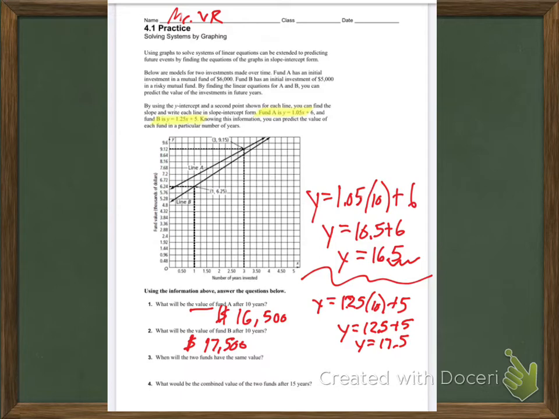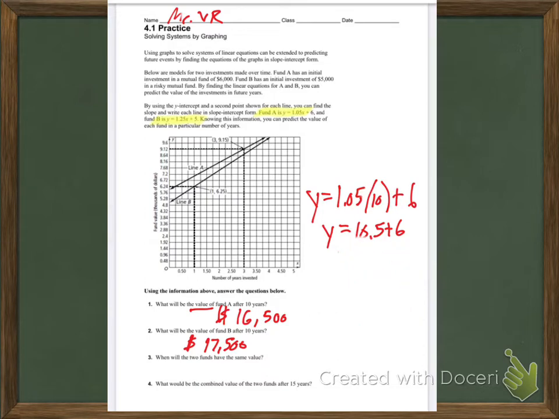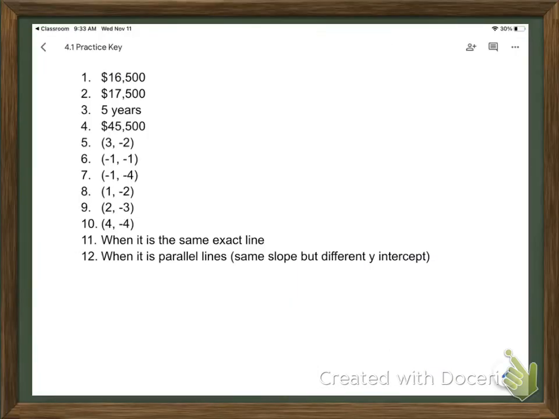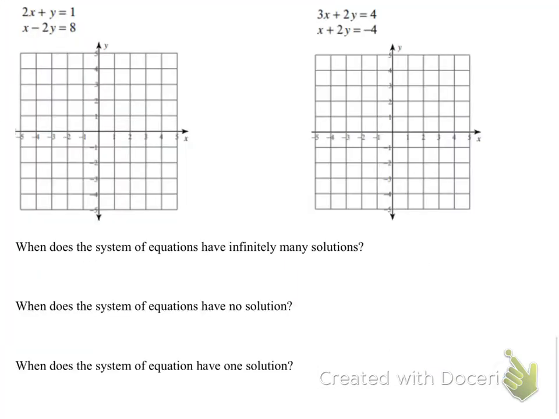If we go to the one with the two funds, when will they be of the same value? So if we're looking at the same value, first off, let's check our answer to make sure that we got 17,500.